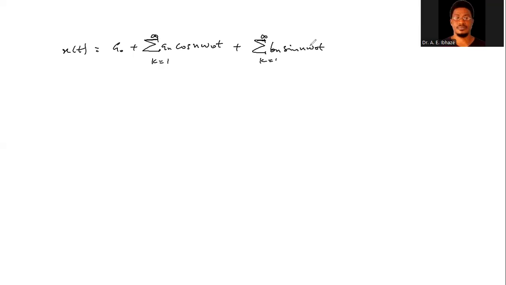So for us to be able to evaluate A naught, we said one interesting thing to do is to integrate both sides over one time period.